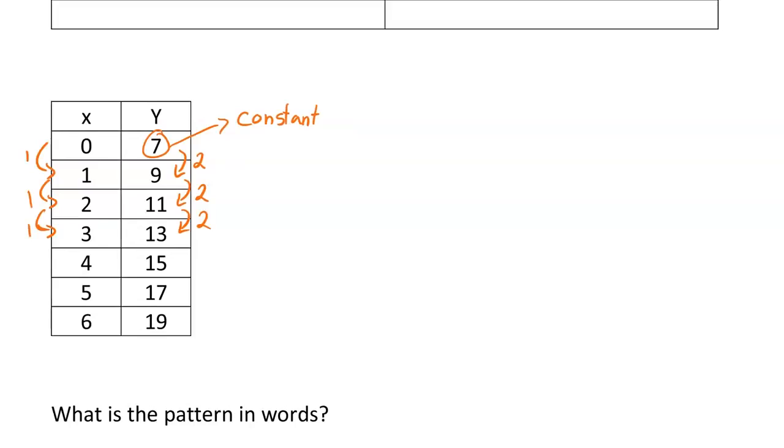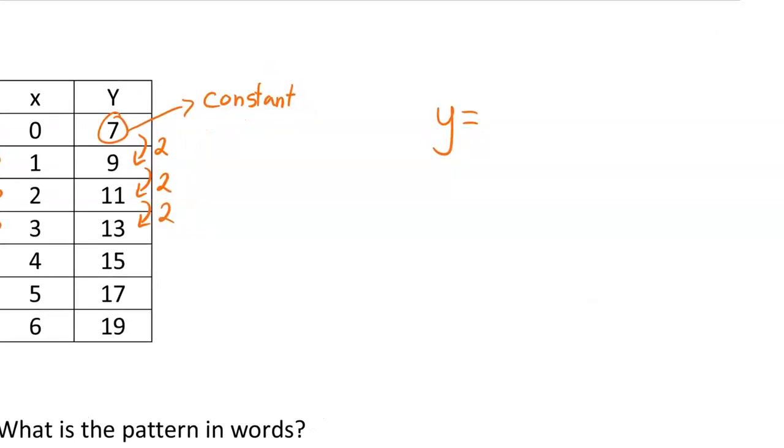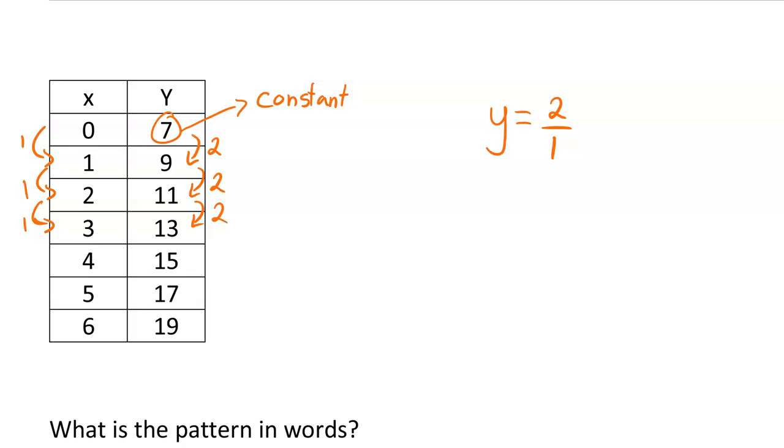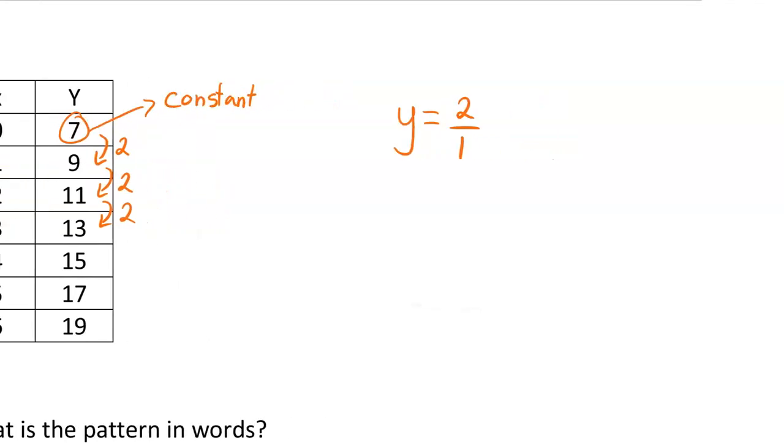When we're writing this out, if we wanted to find out what our y was, and we were using our x to solve, well, our rate of change would be 2 over 1. Your y is always written on top, and your x rate of change is always written on the bottom.